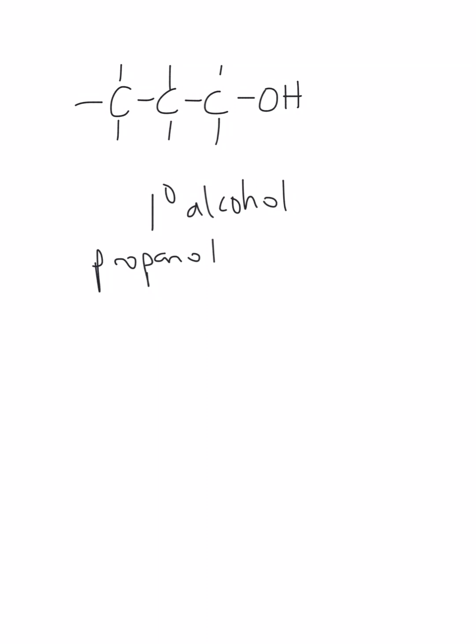If I'm a little bit lazy and don't put the position, I should actually say propan-1-ol, because it tells you that the hydroxyl group is on carbon 1. These are what we call primary alcohols. The reason they're primary alcohols is that if you focus on the carbon that the hydroxyl group is attached to, it is, in this case, what we would call a primary carbon.